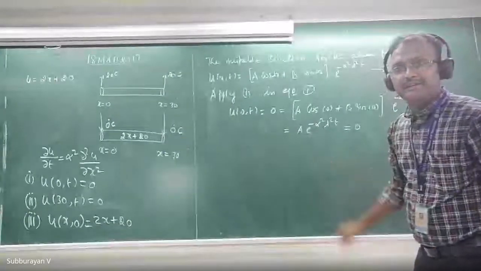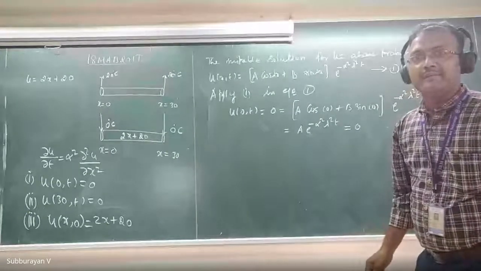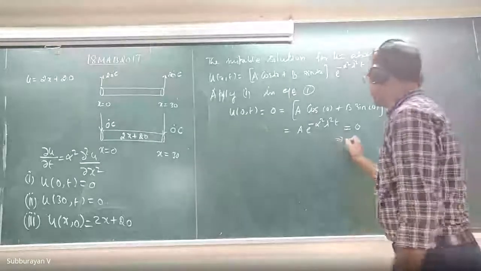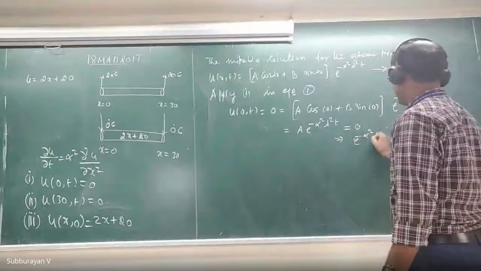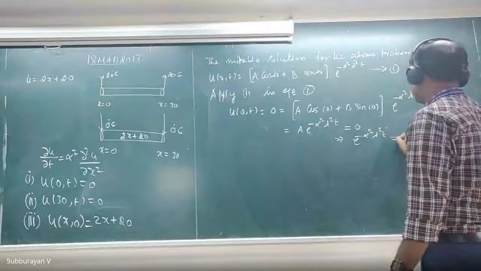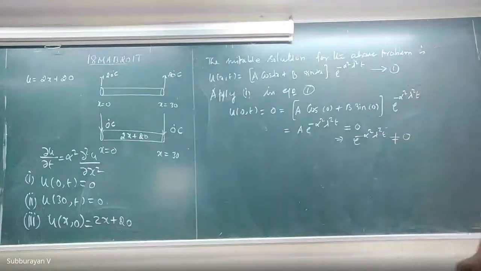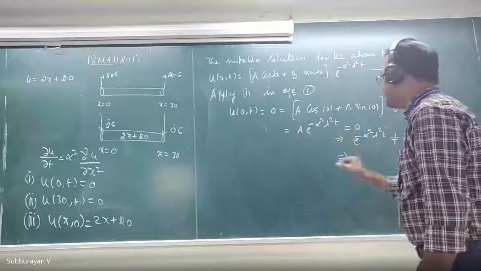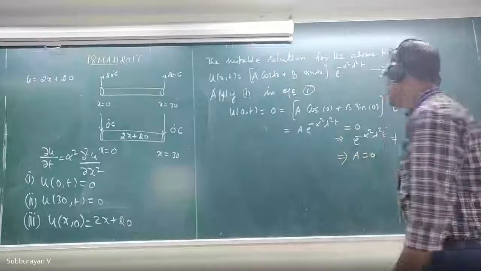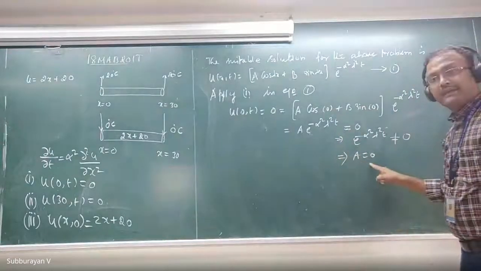Therefore e power minus alpha square lambda square into t is not equal to 0. Hence, A must be 0.